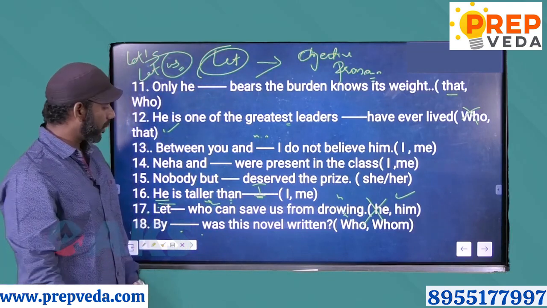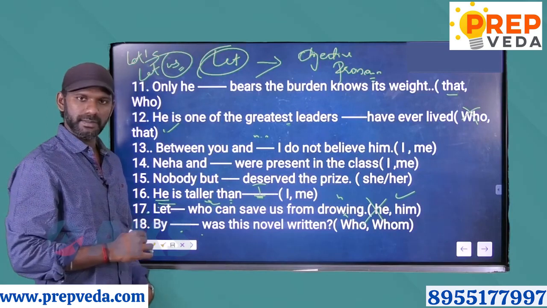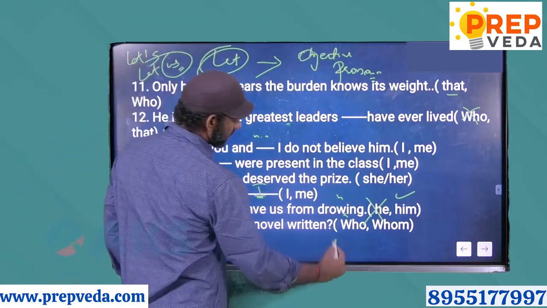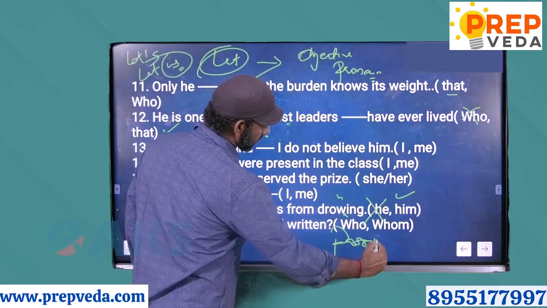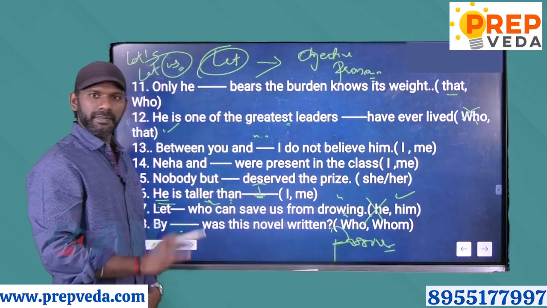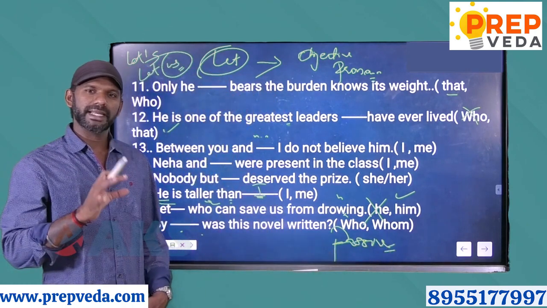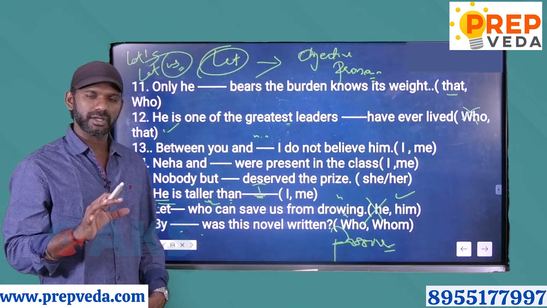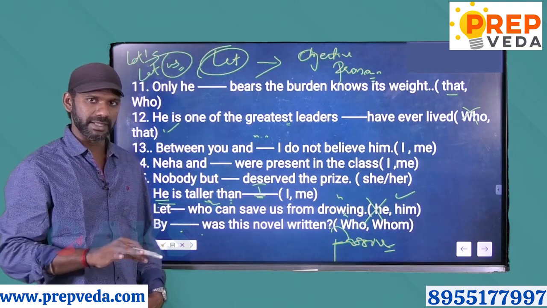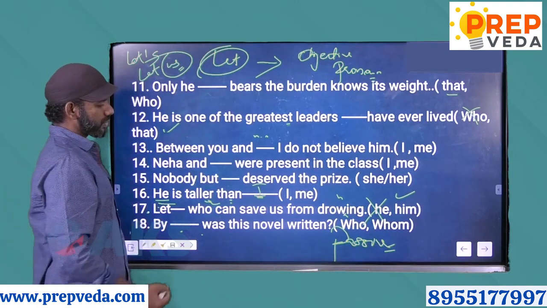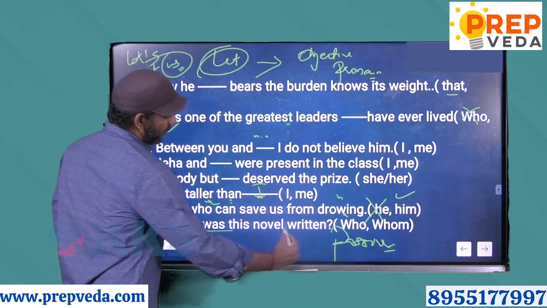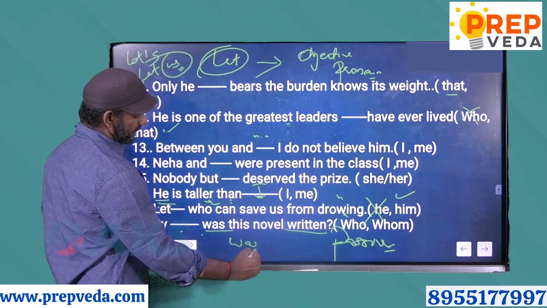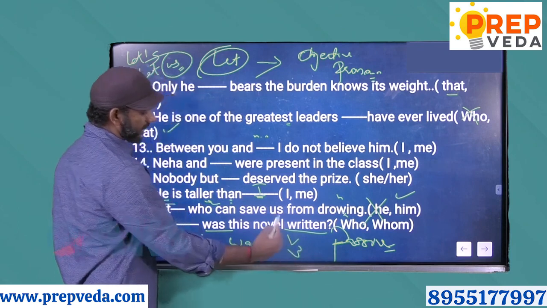By dash was this novel written? This sentence is in the passive voice, right? Simple reason, we can get the help of the structures we discussed on tenses in both active voice and passive voice. Was written is was plus V3.